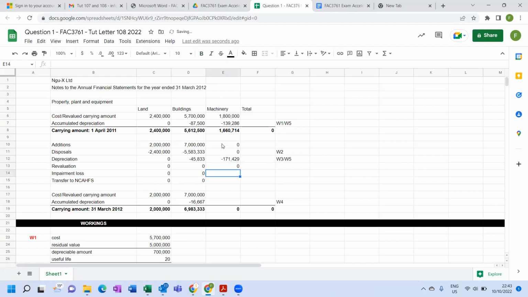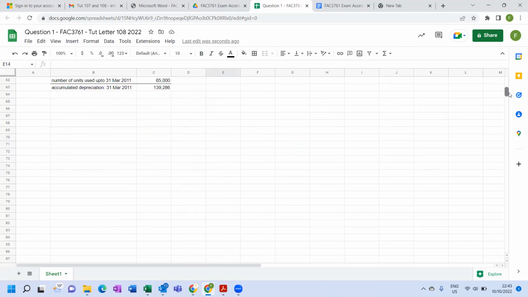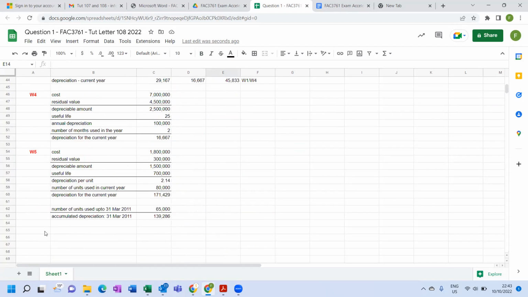We must have a look if there's an impairment loss. When you have a non-current asset held for sale, that is an indication of impairment. So this is basically what we're going to do. For the non-current asset held for sale, working 6: a non-current asset held for sale is measured at the lower of carrying amount and fair value less cost to sell.